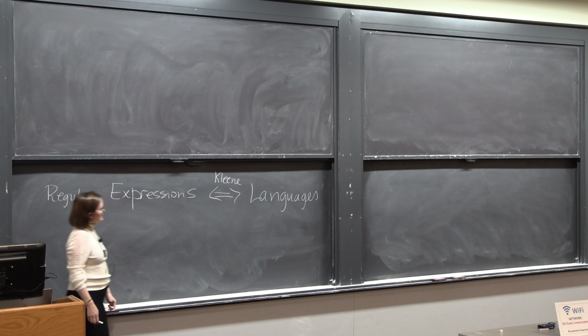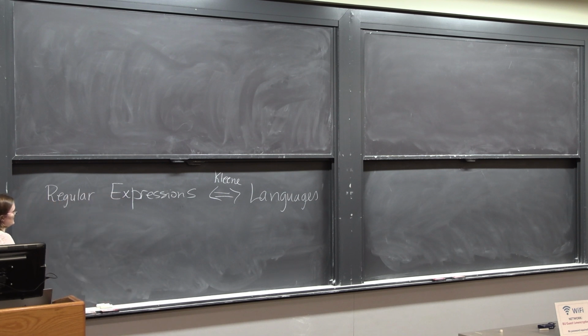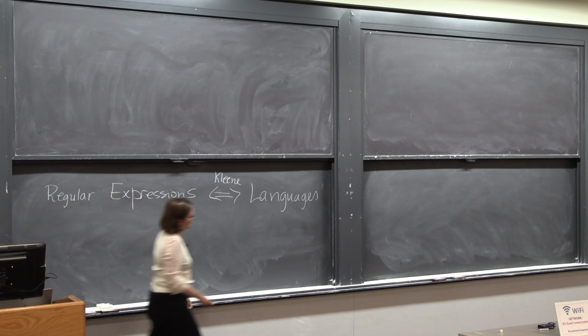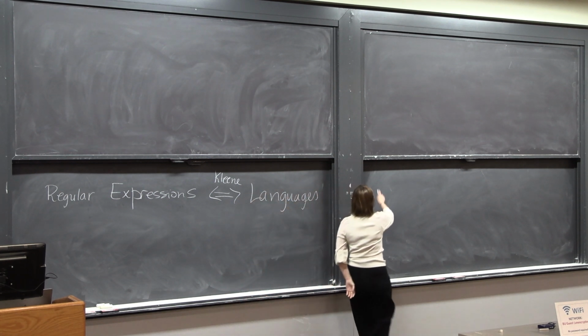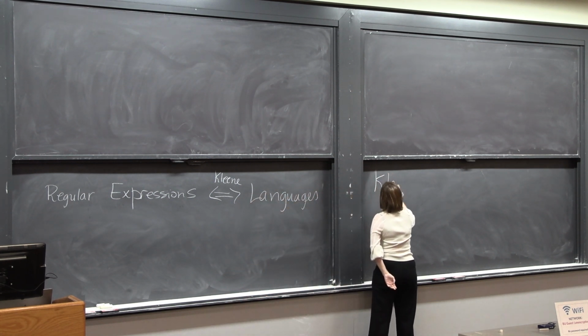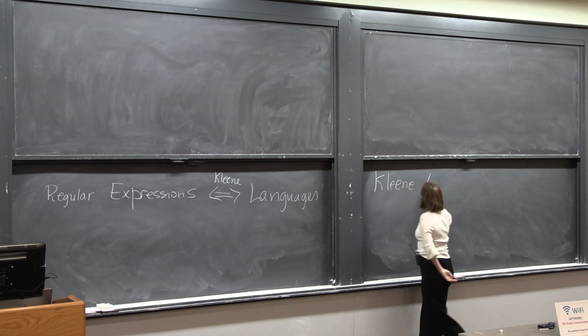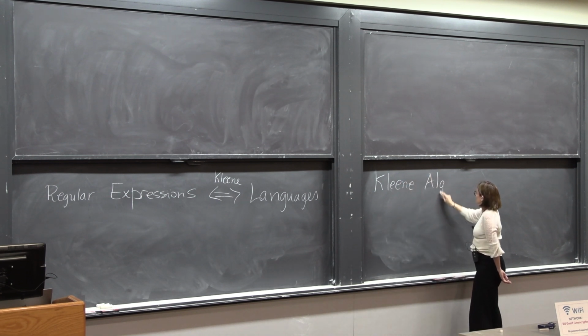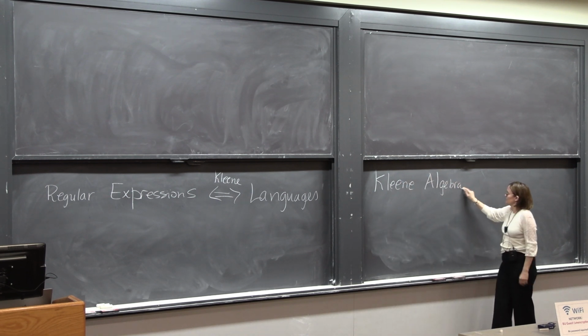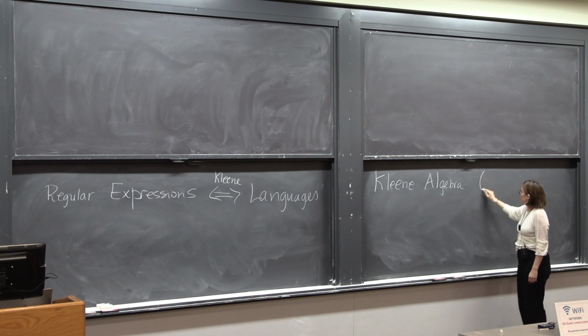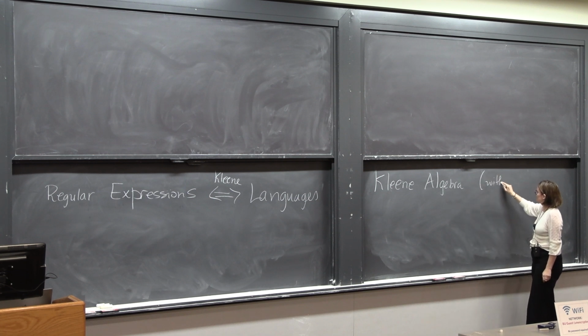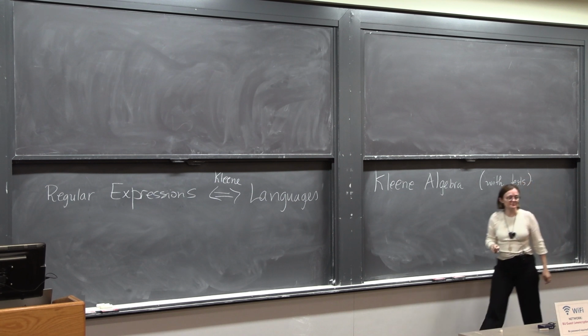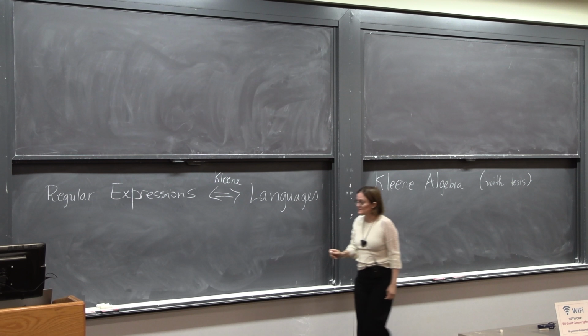And then I want to go on and give you the formal definition of what a Kleene algebra is. And then hopefully I will not have to delete this board, and I will show you what a Kleene algebra with tests is in the same place.